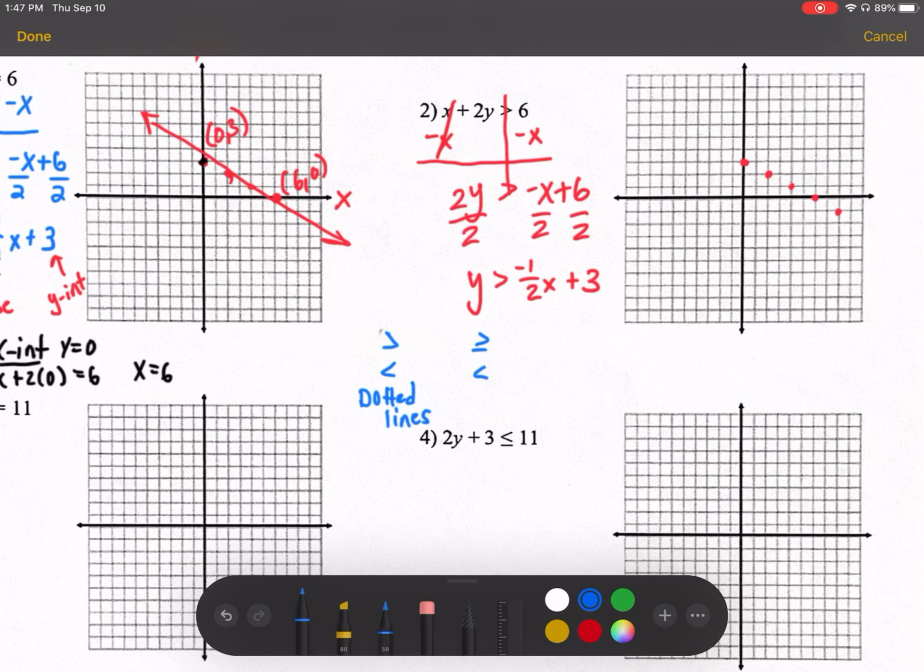Greater than or equal to, less than or equal to, those are going to be solid. So when we draw this line, because this is just a greater than symbol, we are going to make this a dotted line or a dashed line.